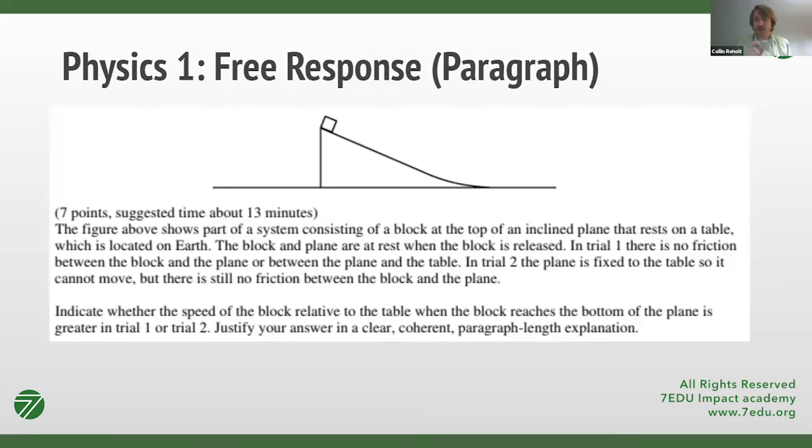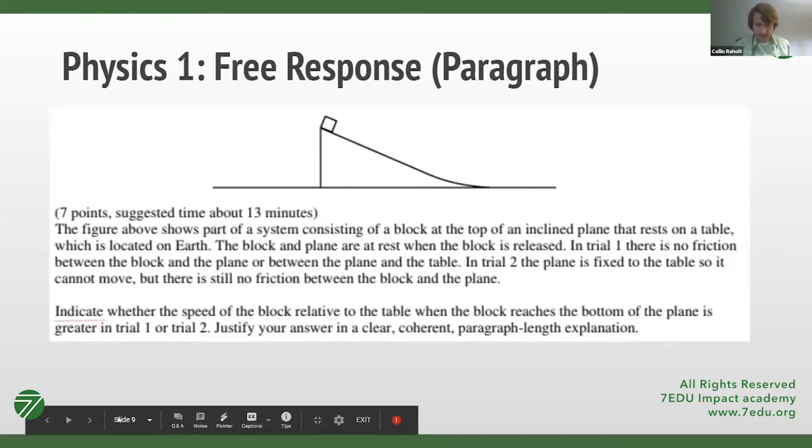Maybe it'll have check boxes that say agree or disagree, or greater than, same as, less than, that they would give a couple of points to, and then say 5 out of the 7 points would be for the paragraph length response. This specific one was just 7 points for a paragraph length response.